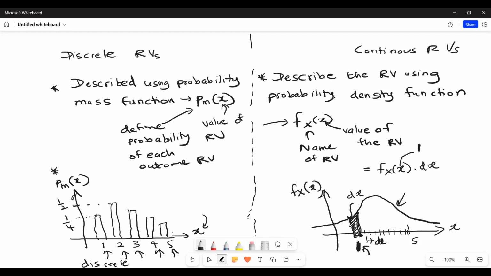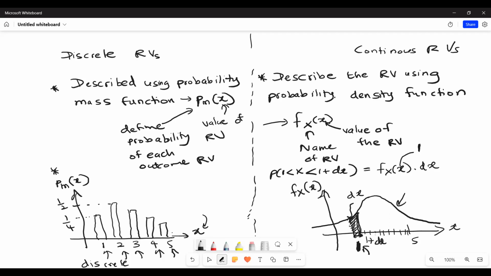So it's actually written like this: getting a value between 1 and 1 plus dx is defined by f_X(x), where x is equal to 1, into dx. This will give the probability of getting 1 in this probability density function.